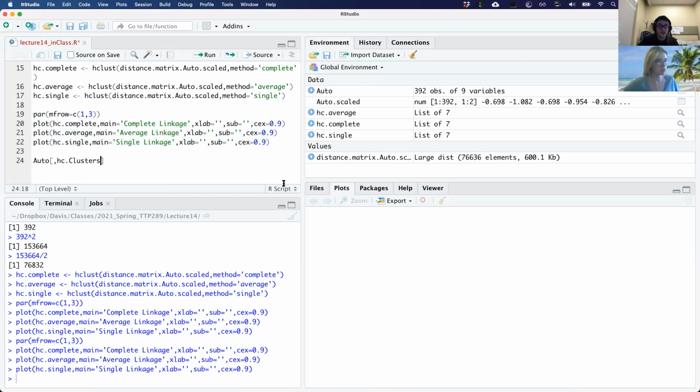HC for hierarchical clustering, and it's going to be .2 to indicate I'm going to pick the one with 2 clusters. The way you do this is with a function called cutree. So all we're going to do is, actually I'm going to do it like this, complete.